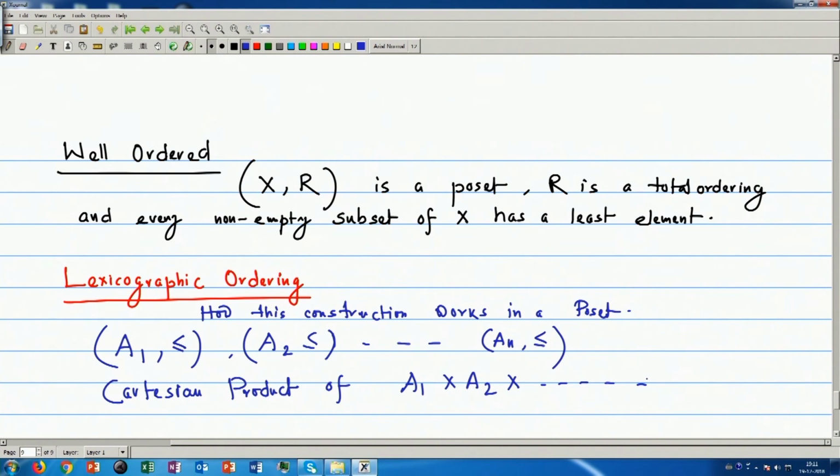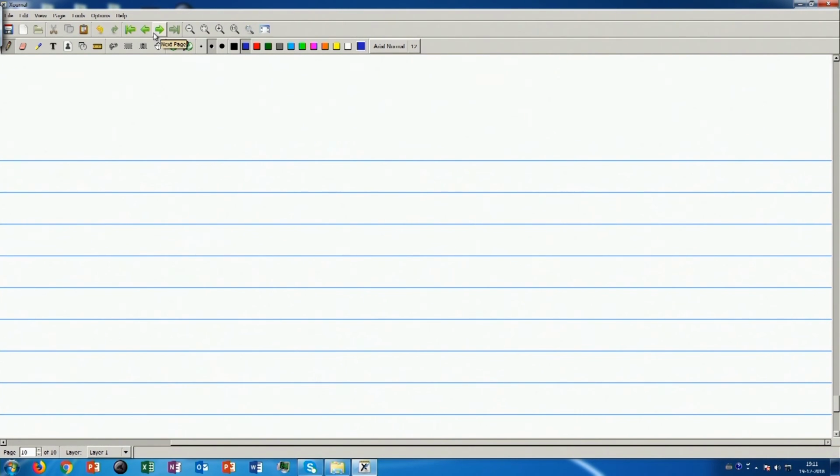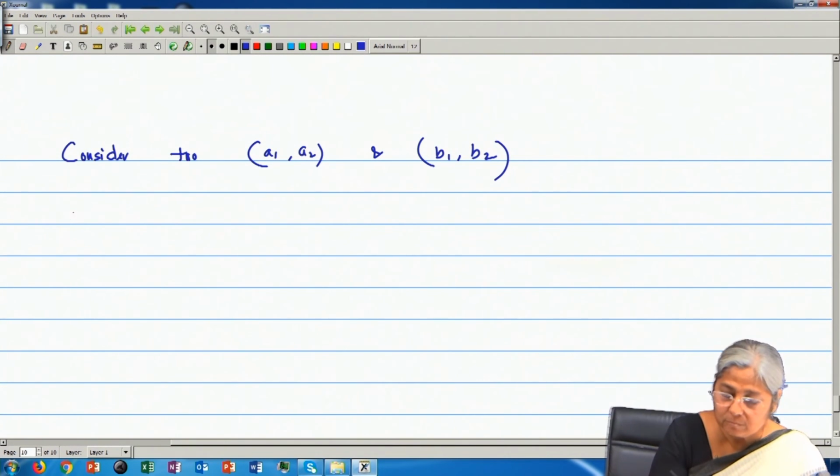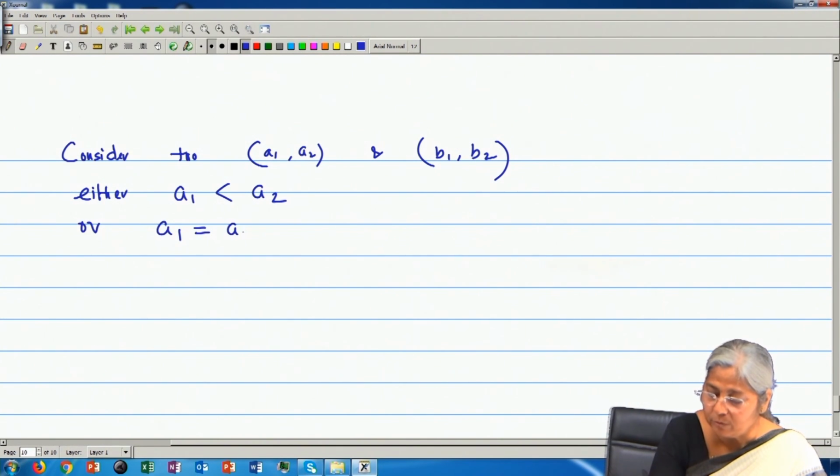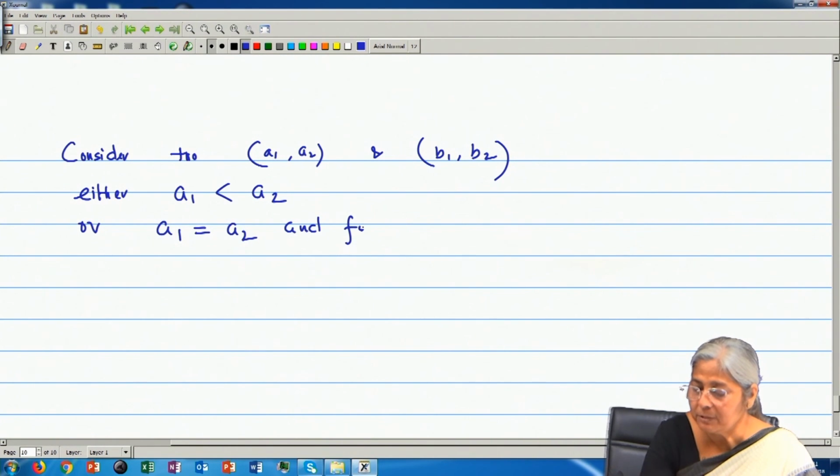Now, how do I define this ordering? Say I consider two pairs, A1 A2 and B1 B2.